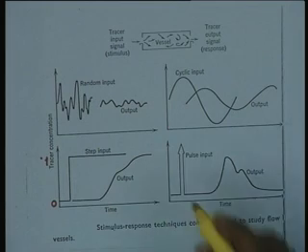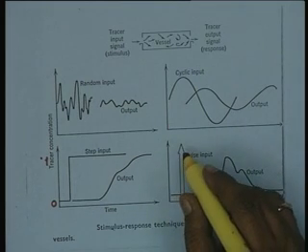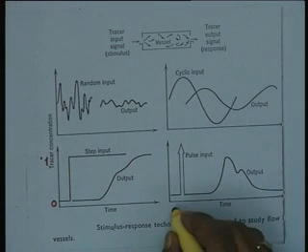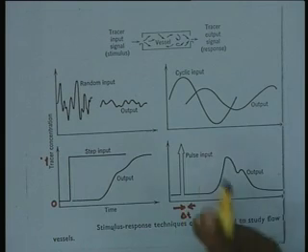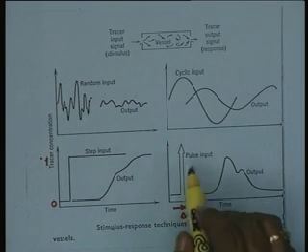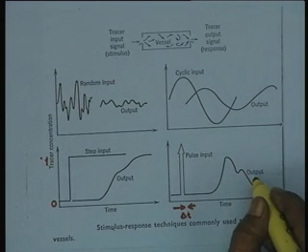Alternatively, you can also give a pulse input, also called a delta input, where over a very short period of time, that means delta t approaching 0, you provide a small quantity of tracer and then monitor the output.